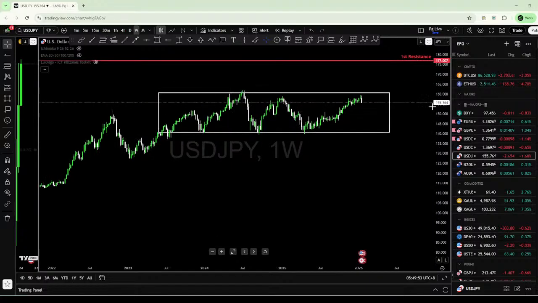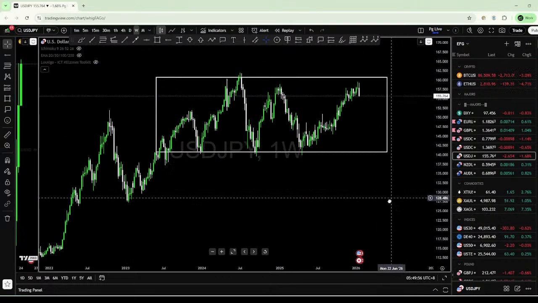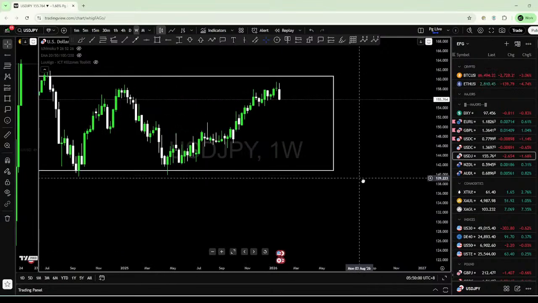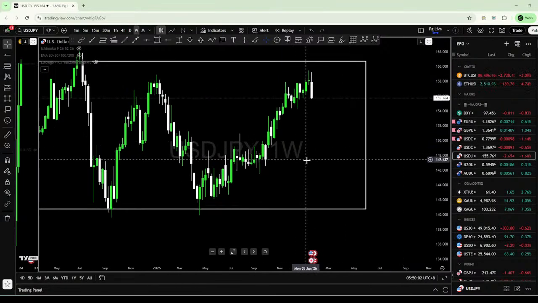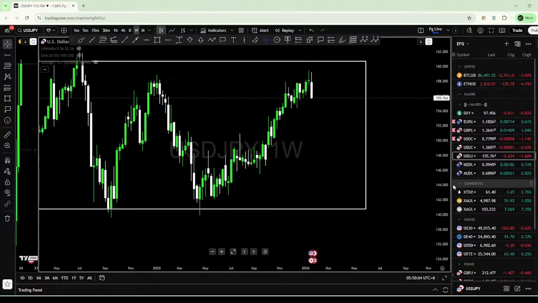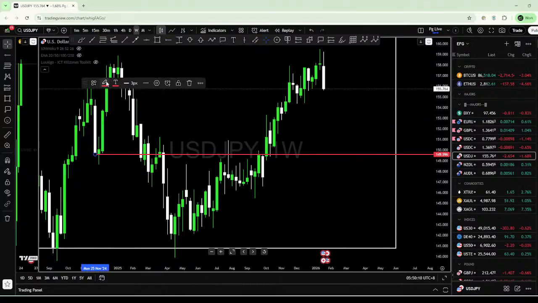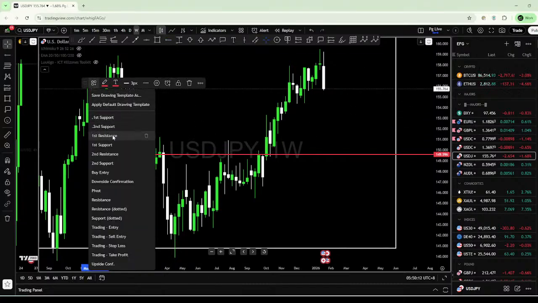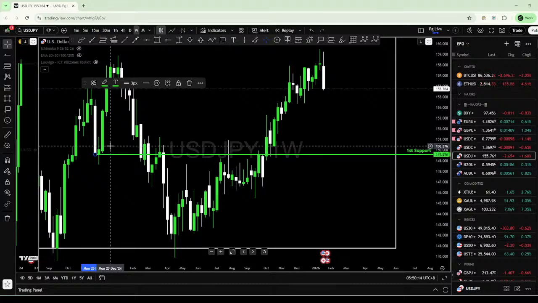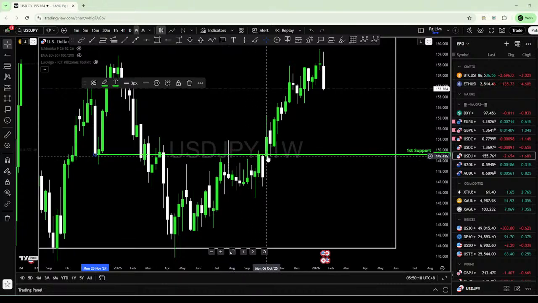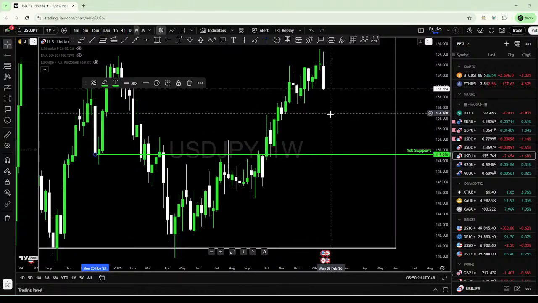I go to weekly, right? You look at the weekly, obviously they are in the range, they are ranging, but I'm gonna find the support level. This is the first support, right? This used to be the resistance, close above, pull back, continues.